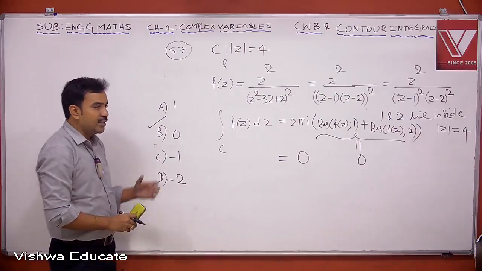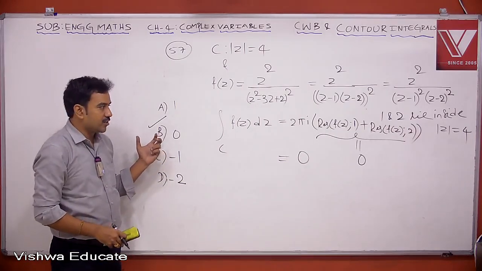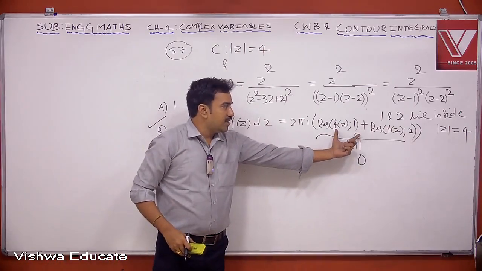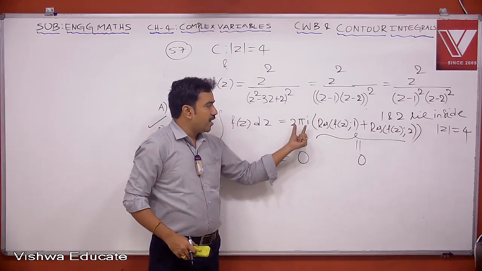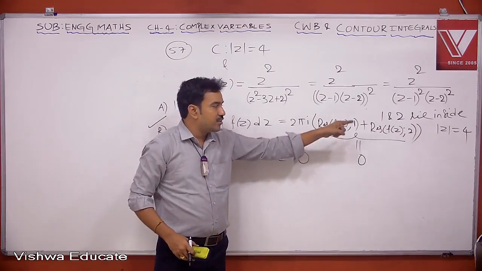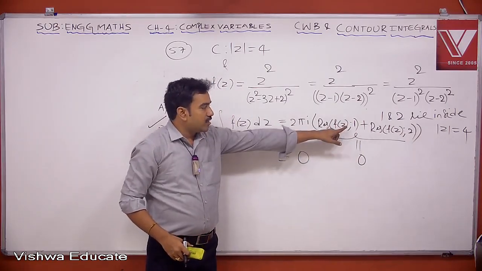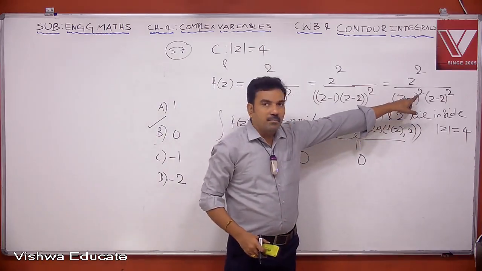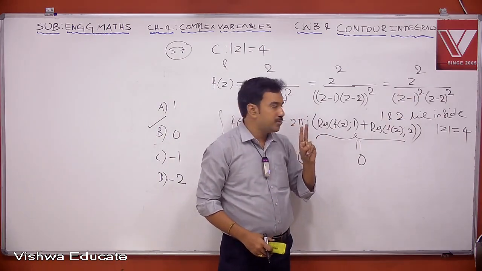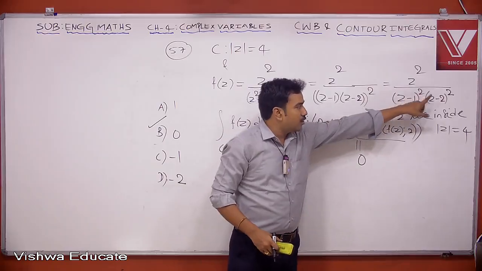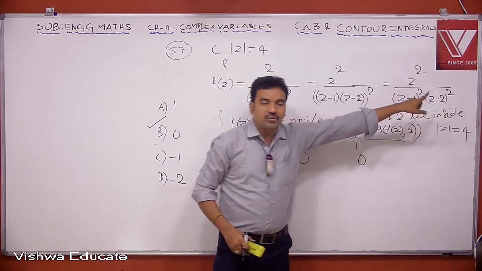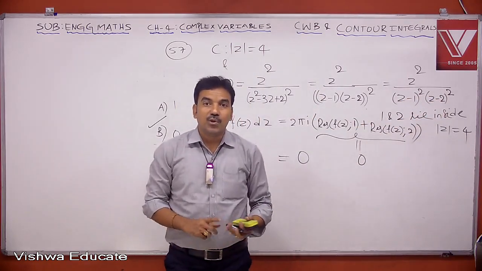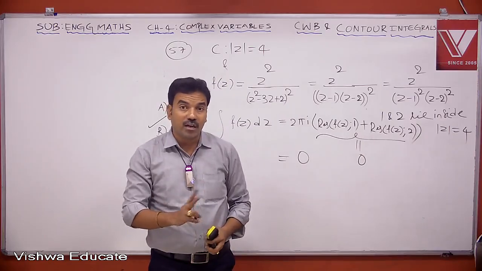Did you understand this? I repeat once again. In this case the result is 2 pi i into residue at 1 plus residue at 2. Now the residue at 1 can be calculated by applying case 2 of residues, because 1 is a pole of order 2, and 2 is a pole of order 2. So we need to find residues using case 2 for both the poles 1 and 2.